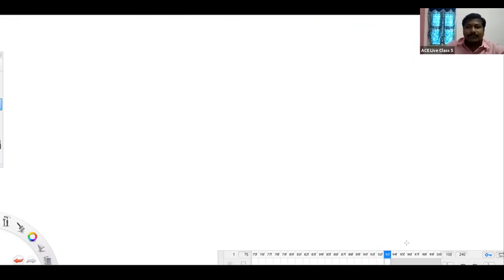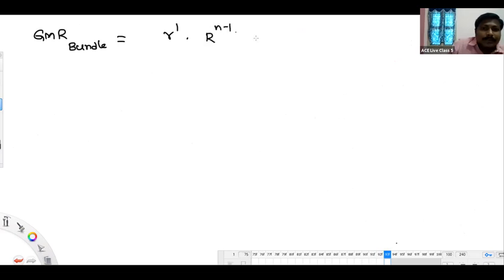So GMR of the bundle is equal to r dash into capital R power n minus 1, this whole power 1 by n. This is the GMR of the bundle conductor in which n subconductors are symmetrically arranged in a circle.